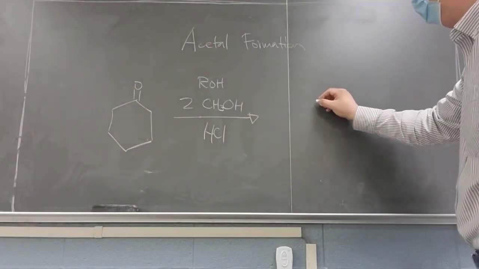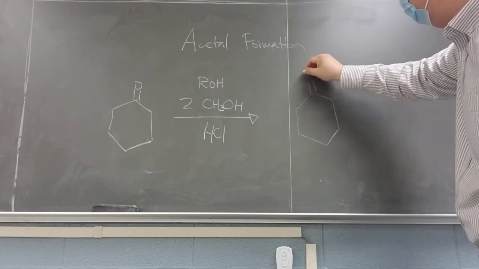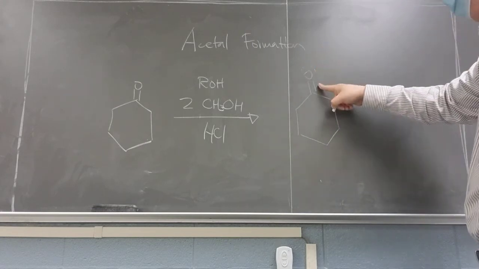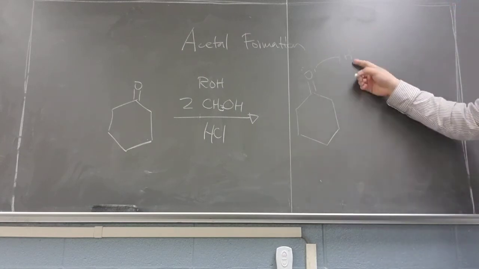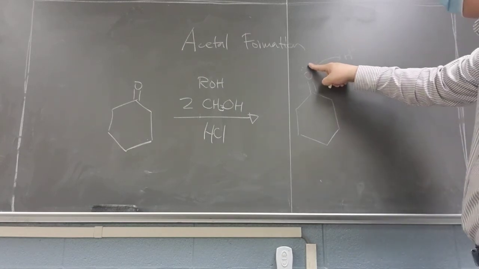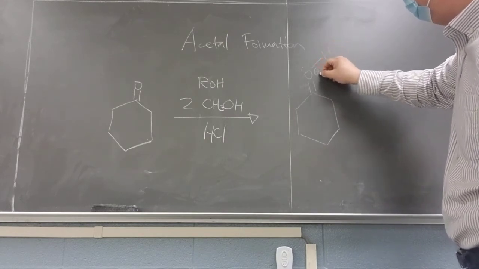Okay. So what happens here is this oxygen has two lone pairs, and there are a lot of protons, so it'll grab one. So this will become obviously a positive charge.